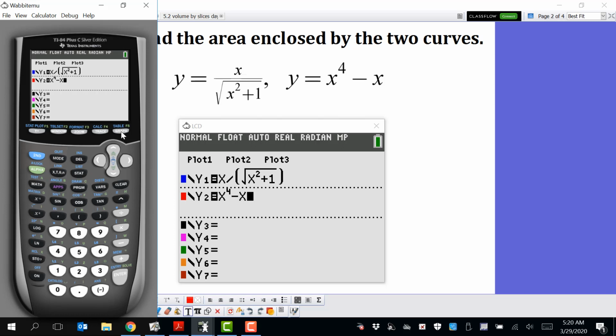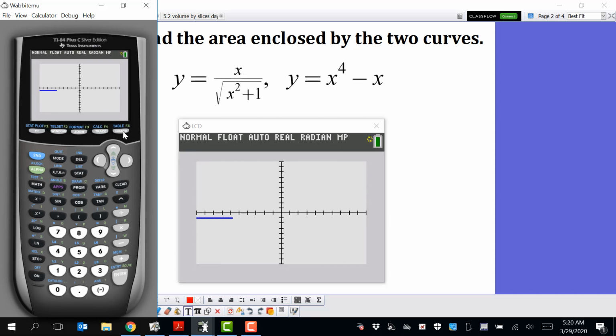Then you go to your graph, and you're going to see the first function graphed there for you. And then you're going to see the second function, x to the 4th minus x, come in there as well. On the bigger detached screen, you can see very clearly that we've got an enclosed area here.